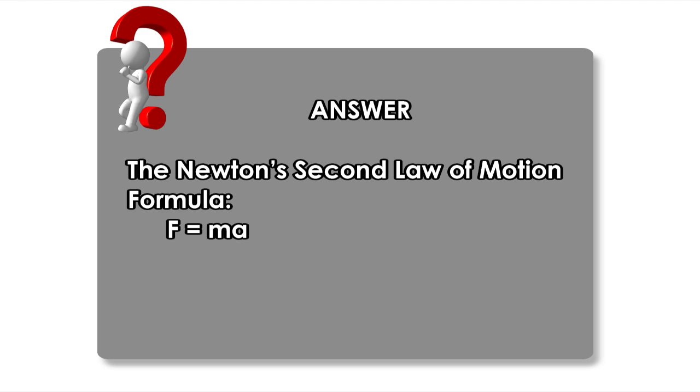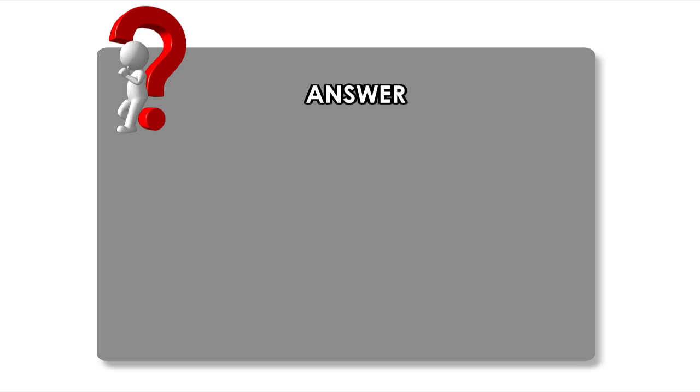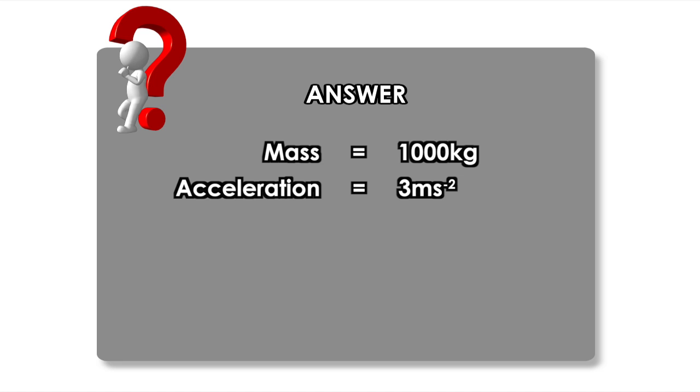In order to answer this question, you need to use Newton's second law of motion formula, which is F equals ma. Based on this question, it is already stated that the mass is 1000 kg and the acceleration is 3 ms^-2.